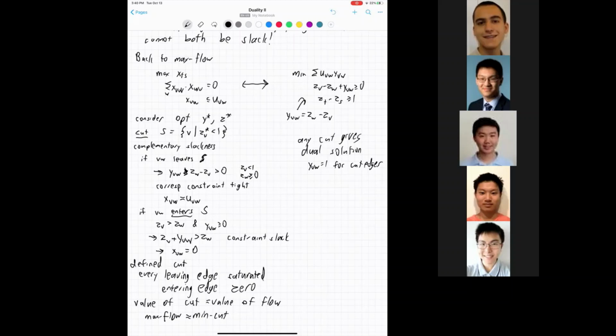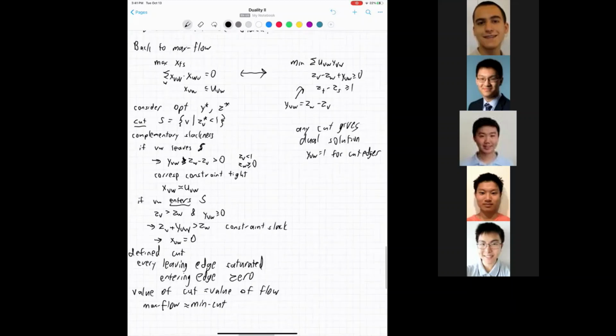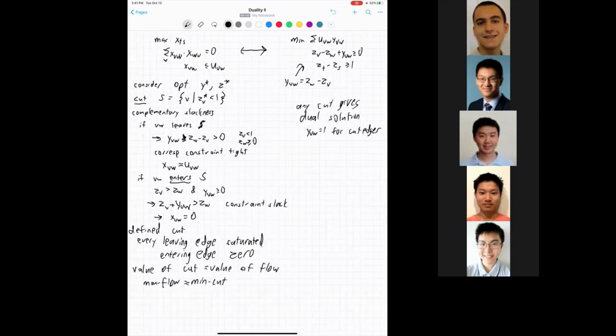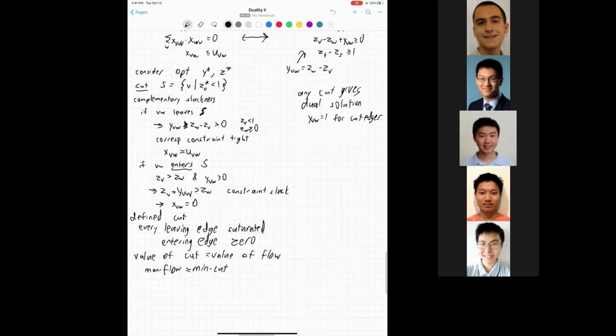So every cut gives me a feasible dual solution, which tells me, again, that the value of every cut is larger than the value of every flow. But we also used complementary slackness to show that when we have optimal solutions, when we have a minimum cut and a maximum flow, their values are equal. Any questions about that?